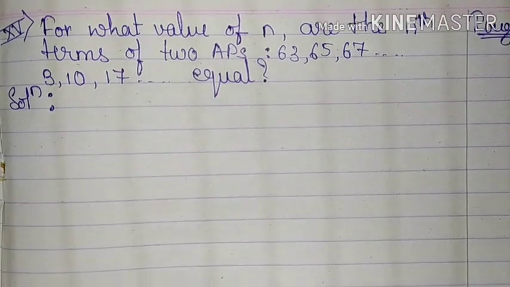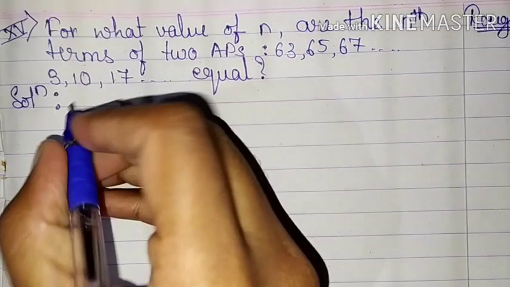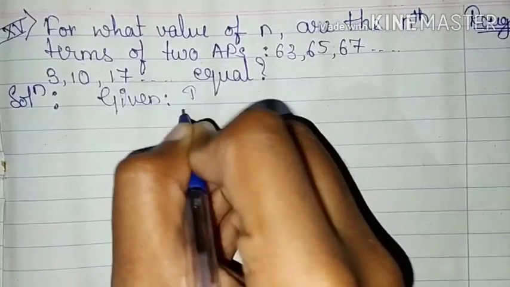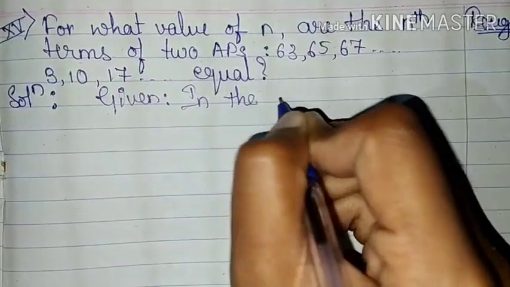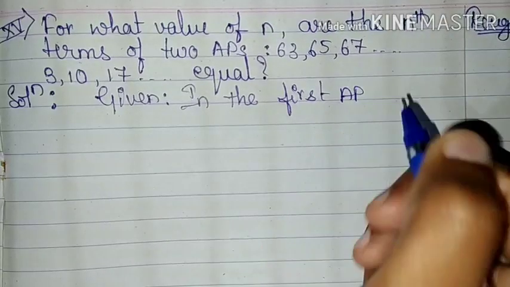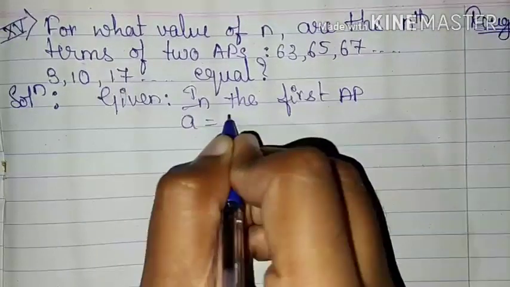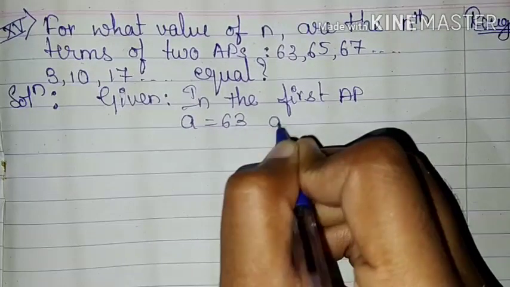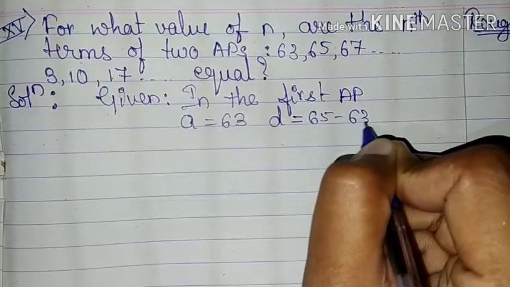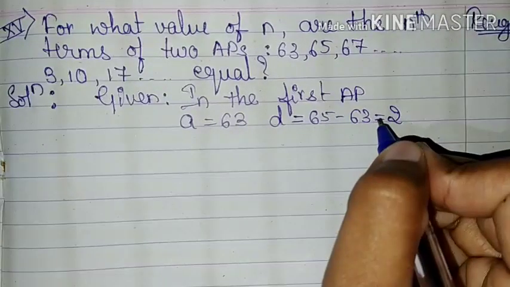So let's start with given. In the first AP, a is equal to 63, d is equal to 65 minus 63, that is 2.